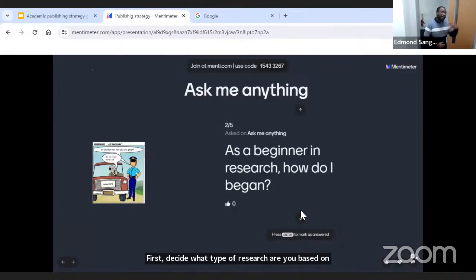And you ask yourself, what is the career that I desire? If it is academia, if it is government, if it is industry, then what is the publishing strategy that is valued in that space? That is where you are supposed to begin. So using the PESTLE will help you to understand the context of your publishing strategy. Using the balanced scorecard is going to help you to create the strategy map that you need.